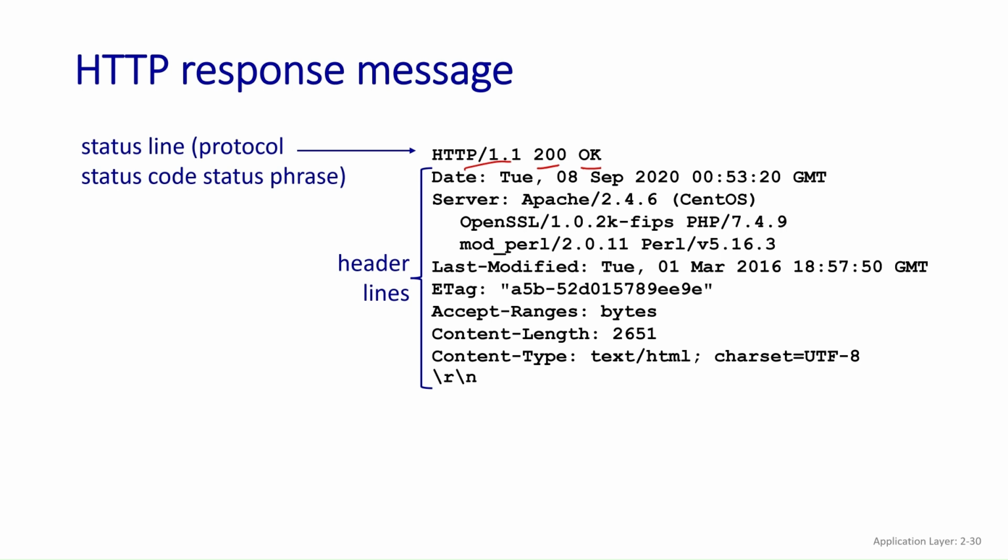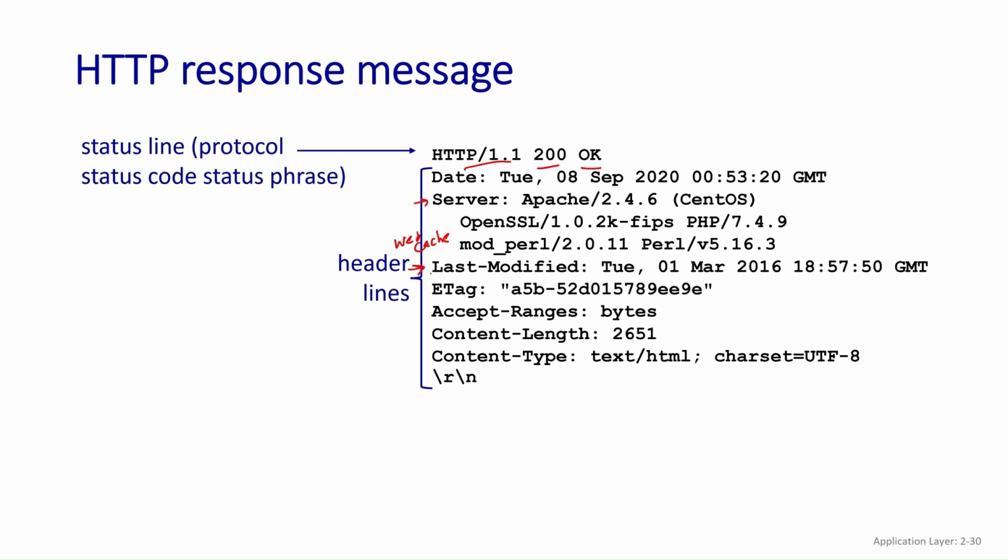And then we have the header lines. In header lines we have very important information. We have date first of all, then the server, right? Then last modified. This is a very important field. We'll discuss web cache or proxy servers, and when we talk about them, we'll talk about this header line, which is last modified or modified since, right? Then we have the entity tag.